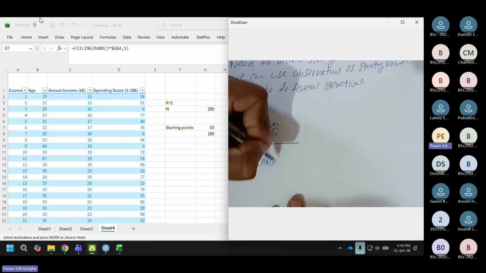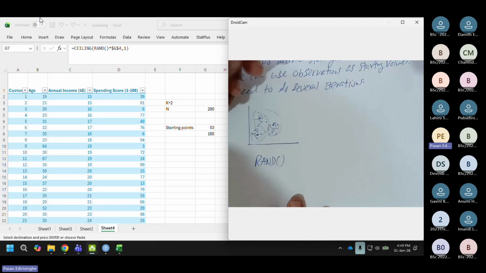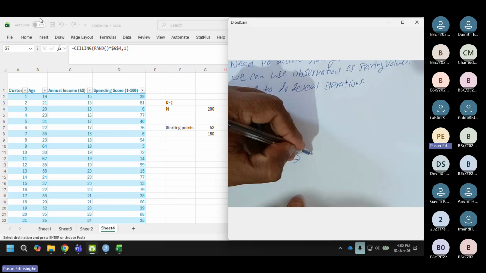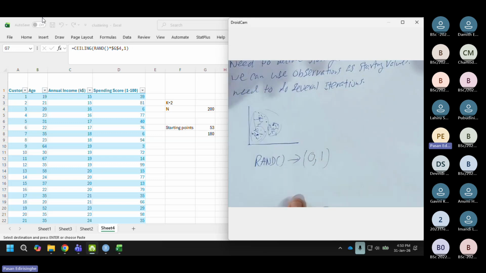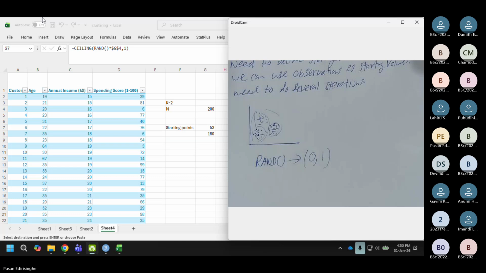When you use the RAND command in Excel, it gives you a random number between 0 and 1, some decimal number. But we need it from 1 to 200, since we have observations from 1 to 200.